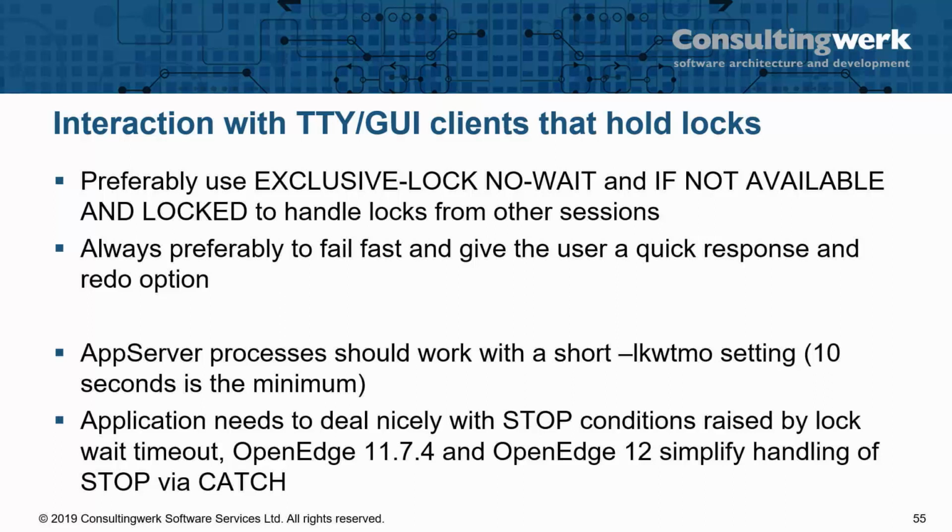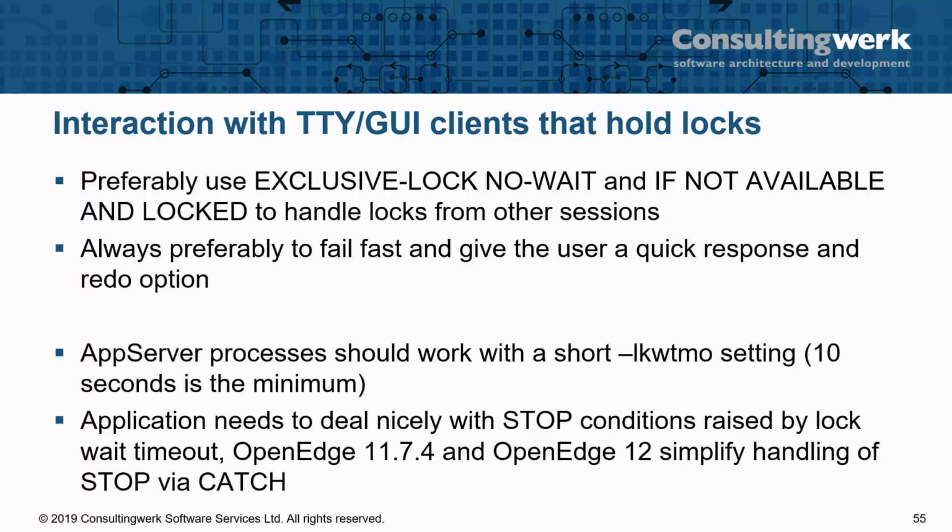When you try to lock a record exclusively and you're not using the NO-WAIT option, Progress waits for the duration of the LKWTMO parameter, the lock wait timeout parameter. Unfortunately, the minimum was 10 seconds. A good principle for web requests by any browser-based application is they should return sub-second.